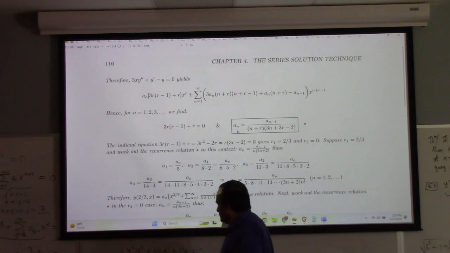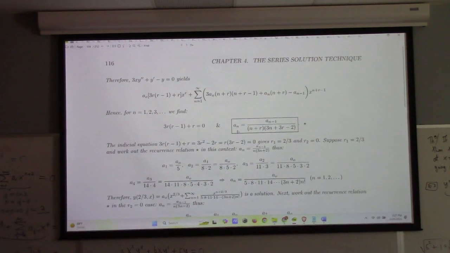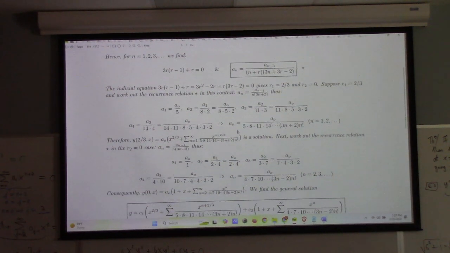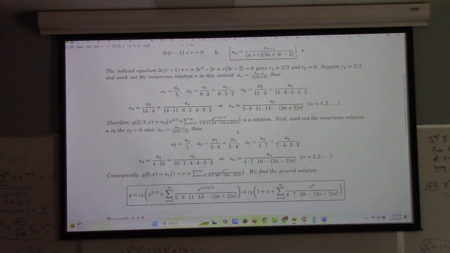This one happens to have an index of either 2/3 or 0. It's pretty much the same method I just showed you for the last example in class. It's just now we have to deal with this r floating around, and we get these solutions, which are, well, a bit exotic, I suppose.